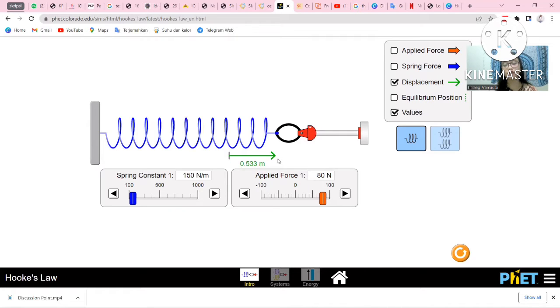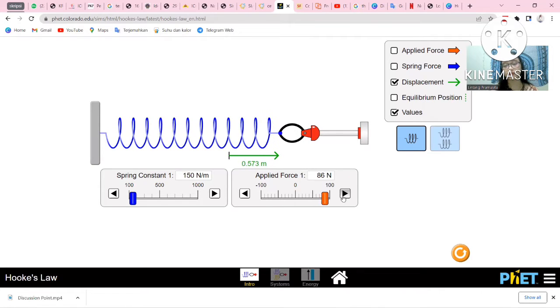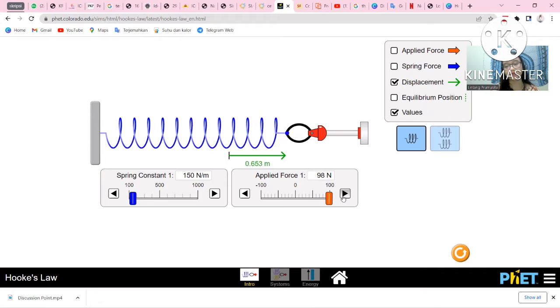We can see that the value is larger than before, 0.533 meter. And when the applied force is 100 Newton, the displacement of the spring is 0.667 meters.